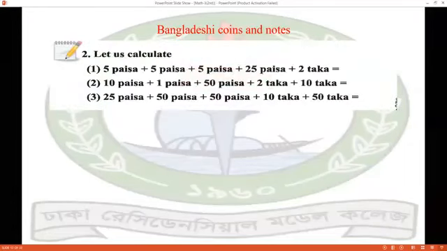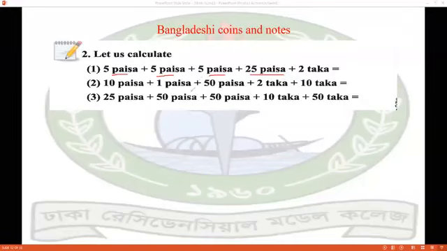Let us calculate this math. Number 1: 5 paisa, 5 paisa, 5 paisa, 25 paisa. You have to add paisa to paisa and taka to taka.